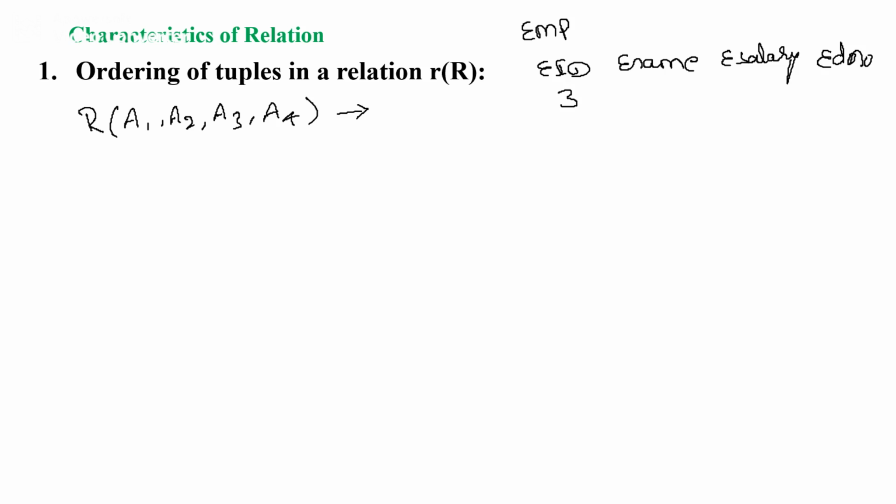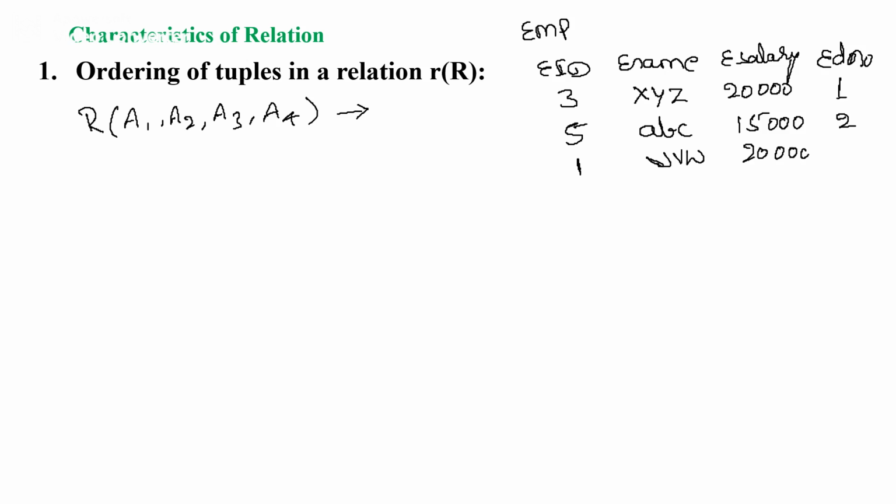For example, employee ID 3, employee name XYZ, salary 20,000, belongs to department number 1. Then employee ID 5, ABC, gets a salary of 15,000 and belongs to department number 2. Then employee ID 1, UVW, also gets 20,000 salary and belongs to department number 1.